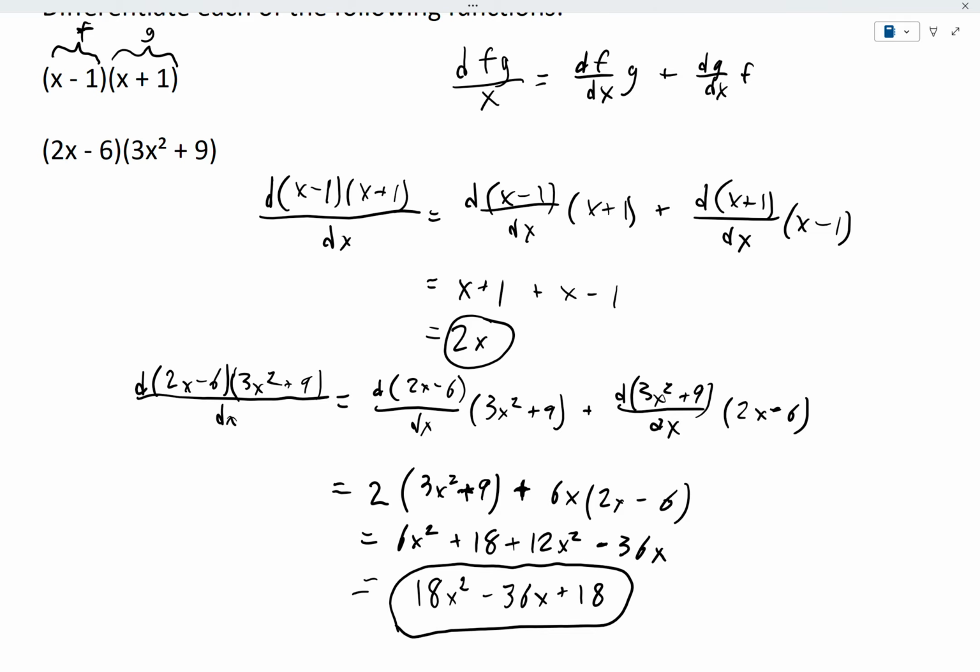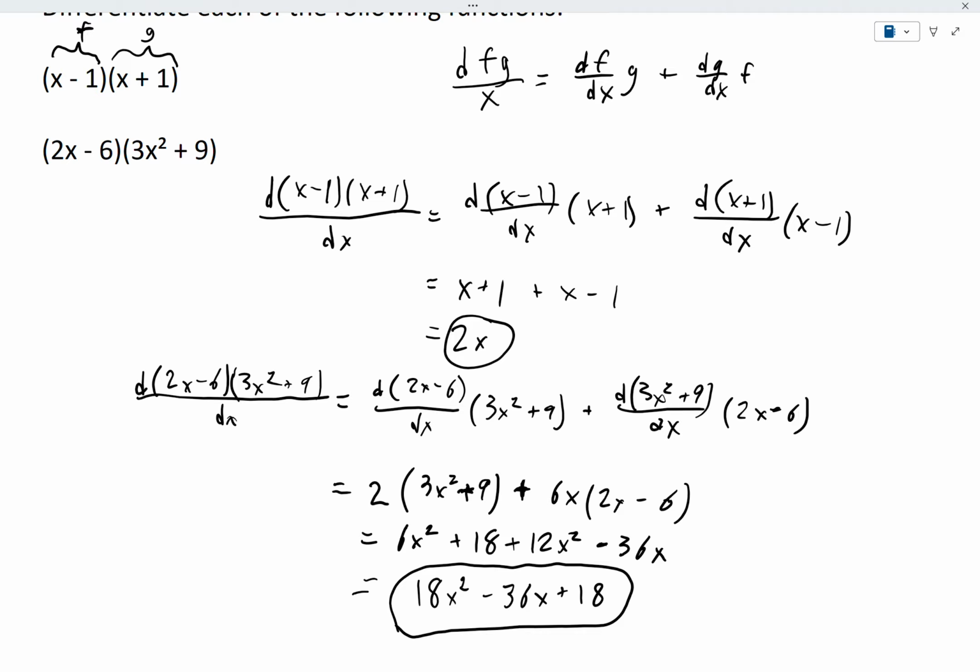You can use the product rule. Additionally, we could have FOILed each of these right here and just distributed twice, performed FOIL, and gotten a big polynomial stretched out. For the first one, we would have had a three-term polynomial, and for the second one, we would have had a 4-term polynomial.